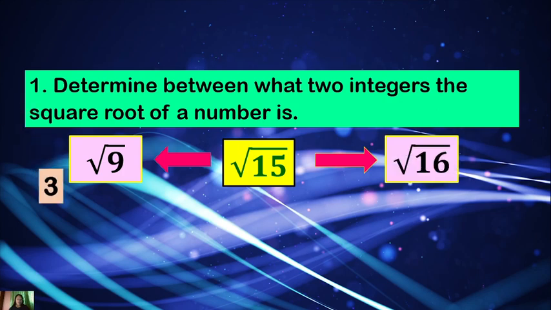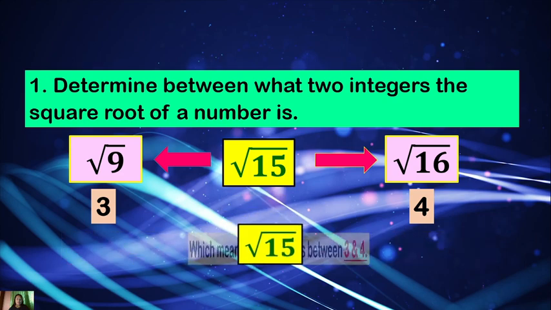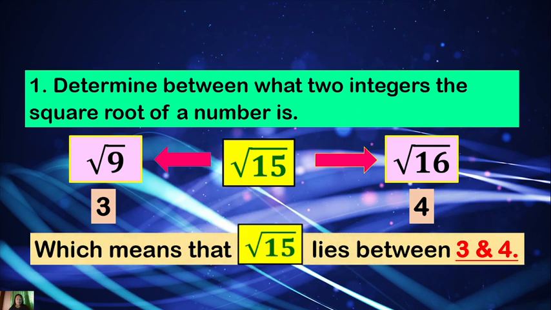And square root of 9 is 3. Square root of 16 is 4. Okay, take note that square root of 15 lies between 3 and 4.